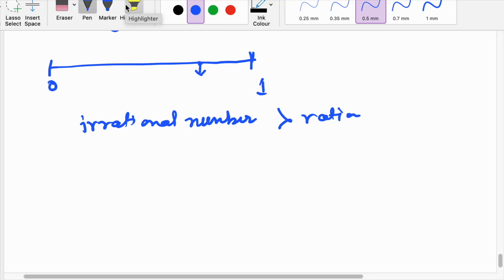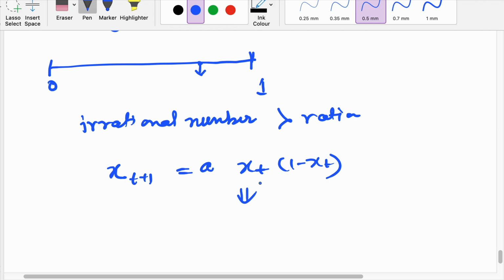So that is the thing. Now you see that this simple equation, x(t+1) = a x(t)(1 - x(t)), can generate very complicated dynamics, that is chaotic dynamics, that is chaos. So that is why you see this complexity and unpredictability of the biological time series data.